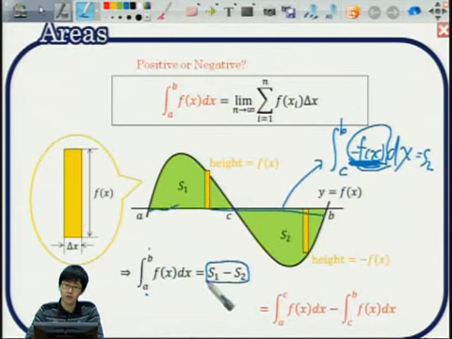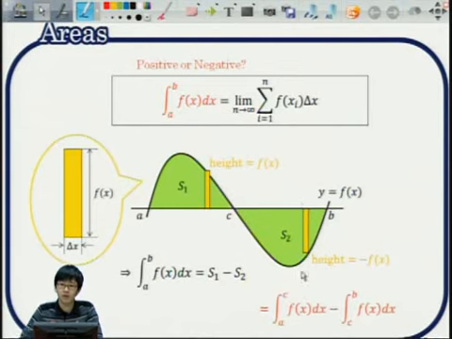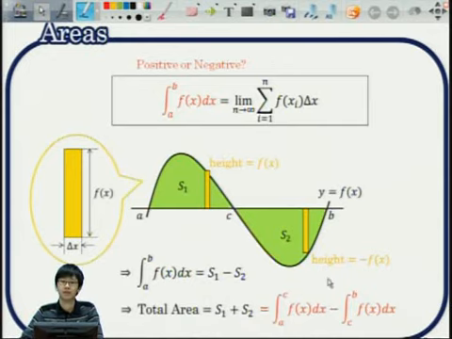The final value will be S1 minus S2. It will not be S1 plus S2. So total area S1, S2 will be like this. You have to do this with a minus sign.